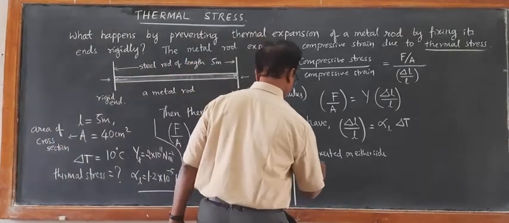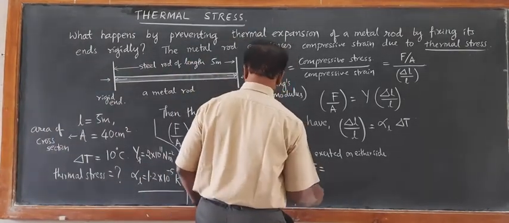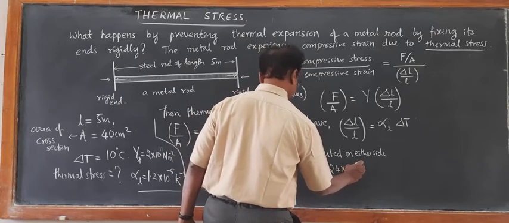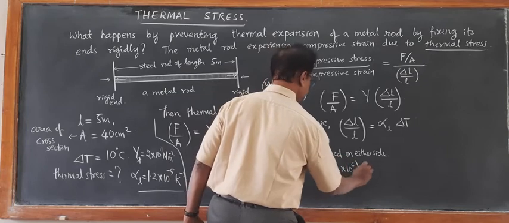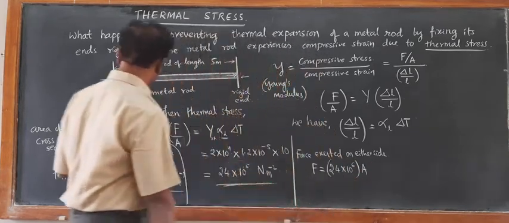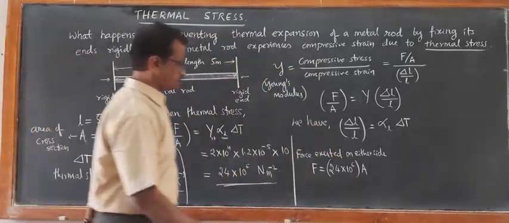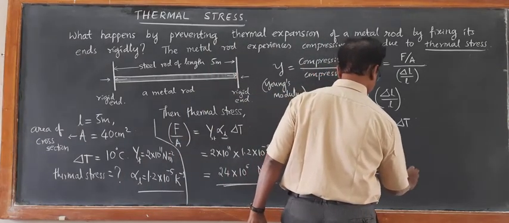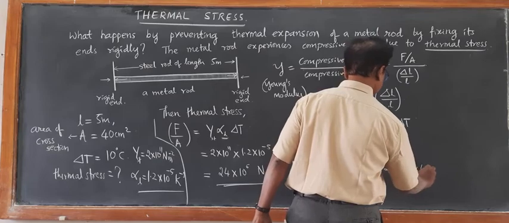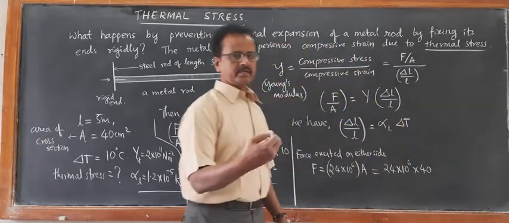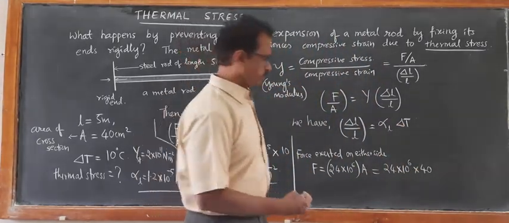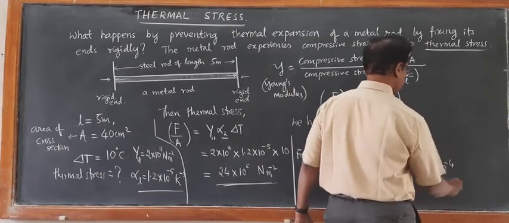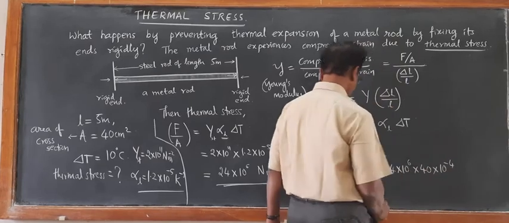So F is equal to 24 into 10 raised to 6 into area. Area of cross section is given here, 40 centimeters square. Converting centimeter square into meter square, it becomes 10 raised to minus 4 meter square.